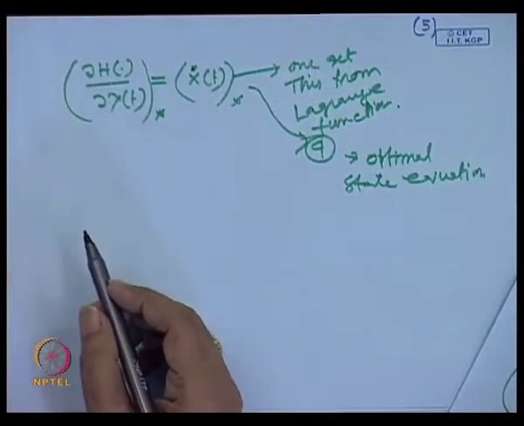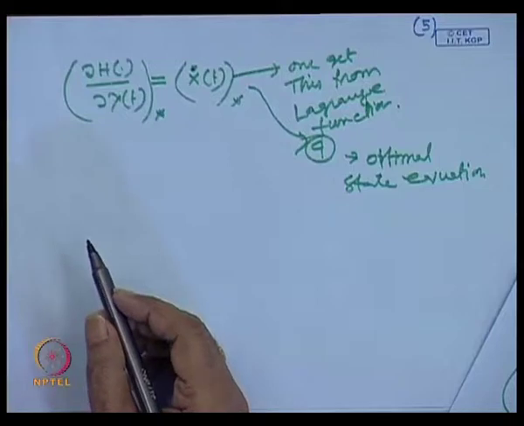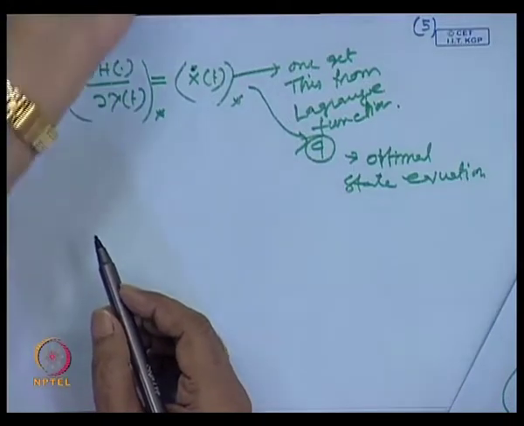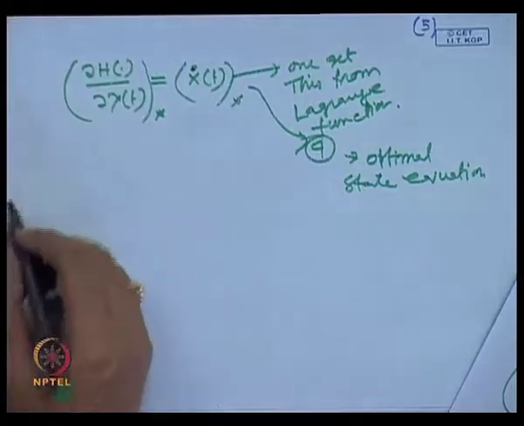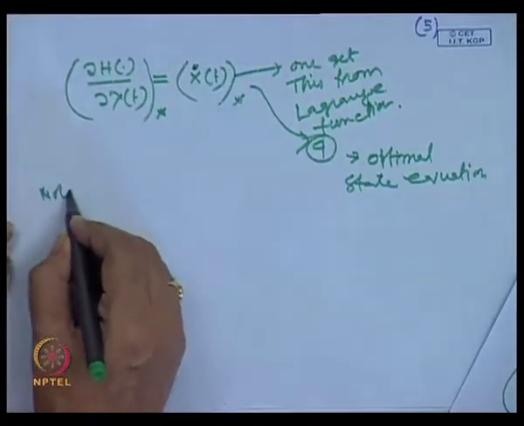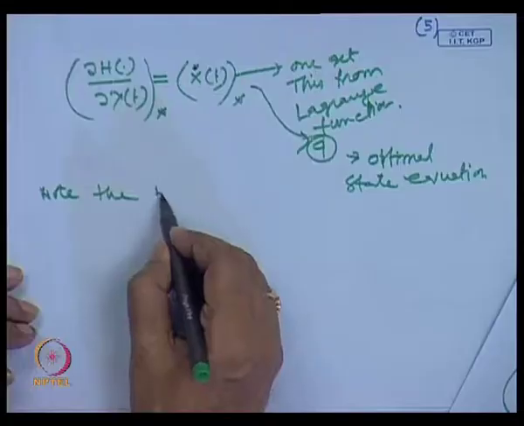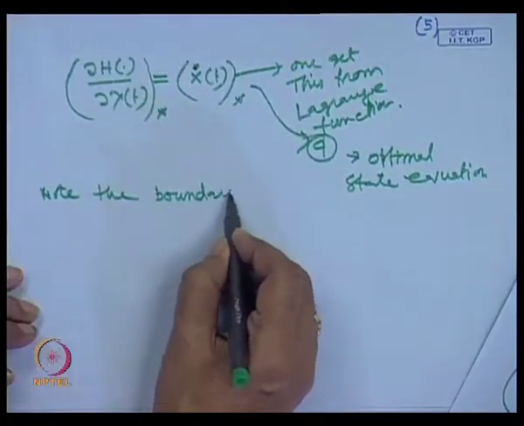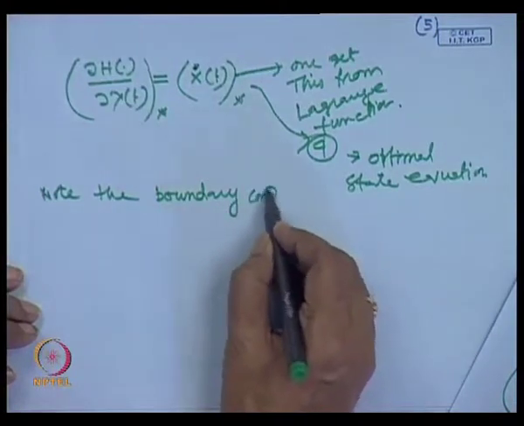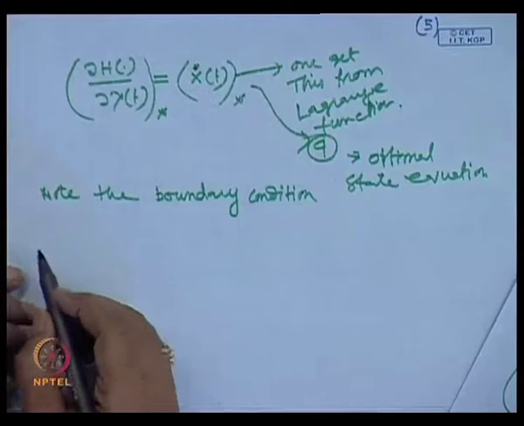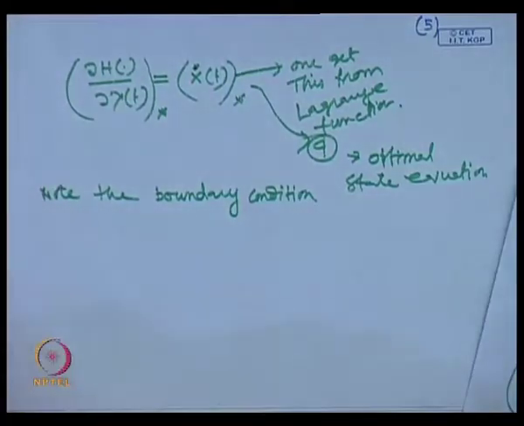We will now see the boundary condition. What we will do is replace the Lagrangian function in terms of the Hamiltonian function, that is all, and then see what final boundary condition we get. Our original problem's boundary condition is equation 5.